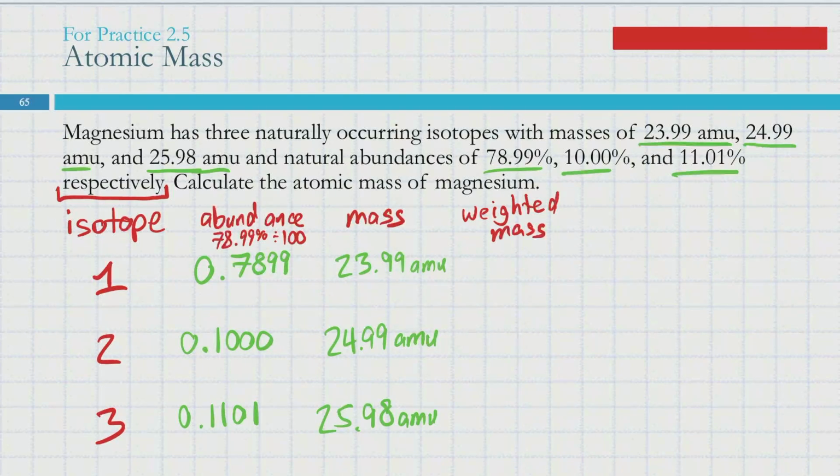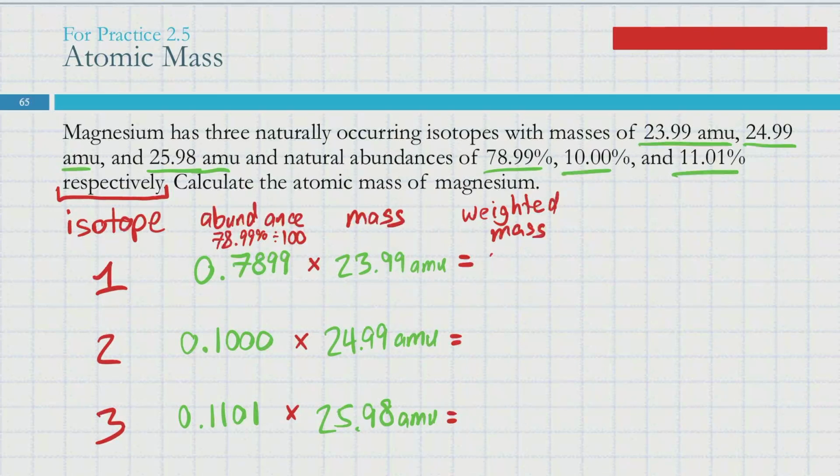And we're going to multiply our abundance and our mass to get the weighted mass, as I'm calling it here. This is where we get help from the calculator.